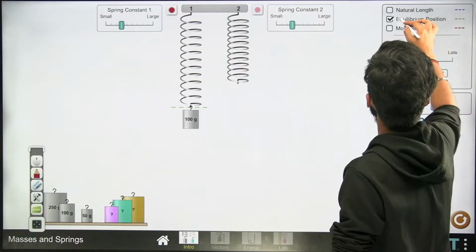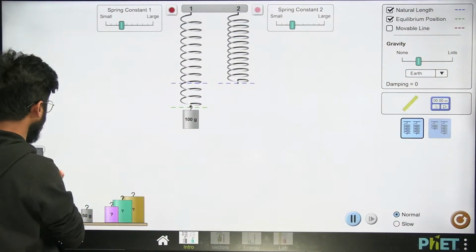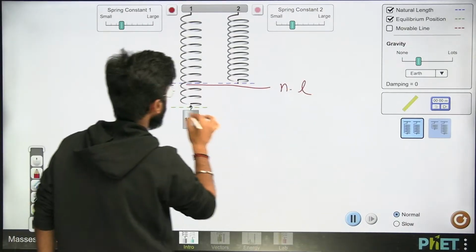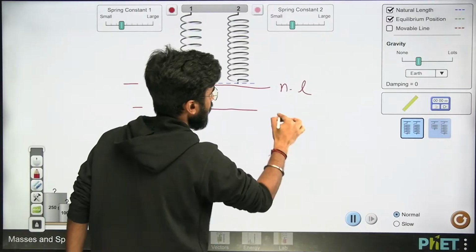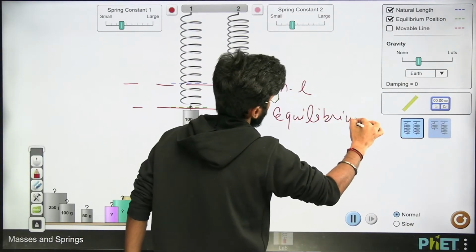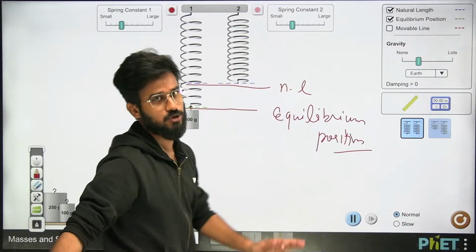I'll also show the natural length, this blue thing. I'll just mark this. This is the natural length, and this is the equilibrium position. So there is a difference between natural length and equilibrium position.